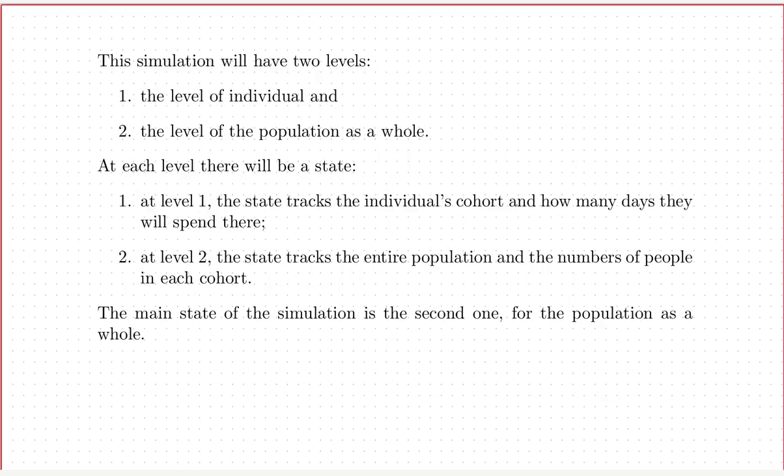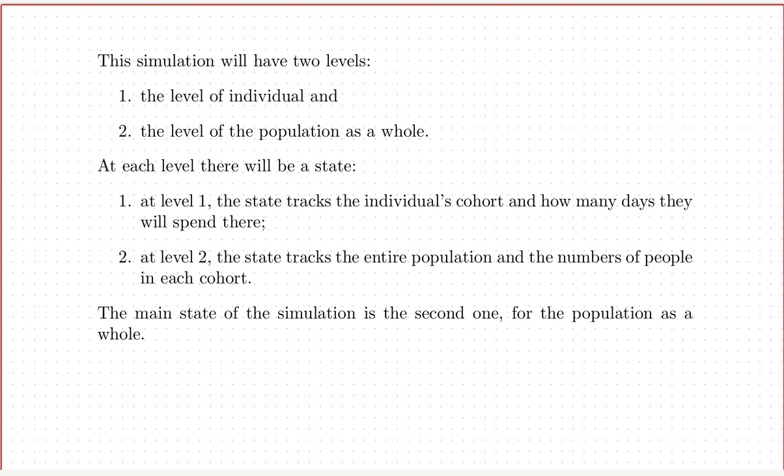One thing that makes this simulation a little more complicated than the others we've looked at so far is that there are two levels, two scales, to this simulation. There's the scale of the population as a whole, the whole population of 1,000 people. But there's also a simulation going on of individual people.